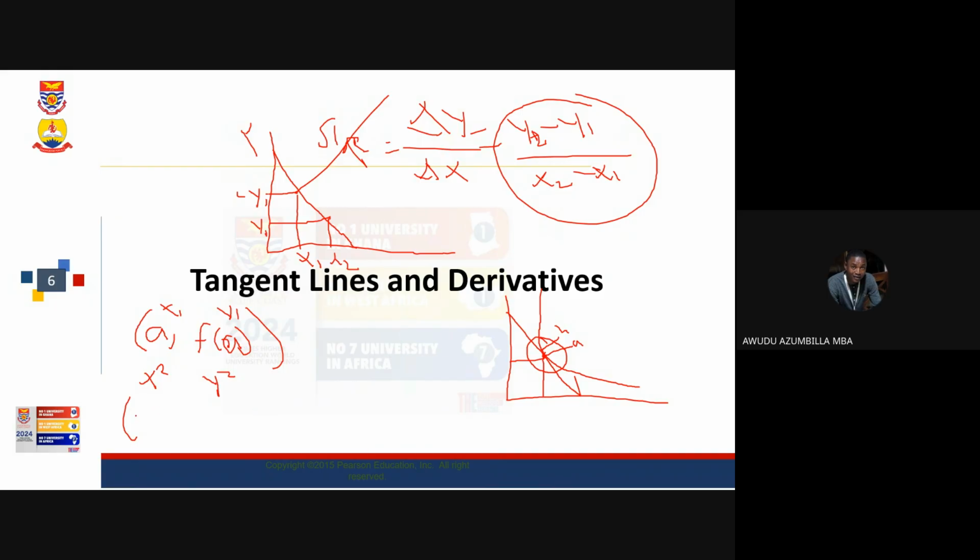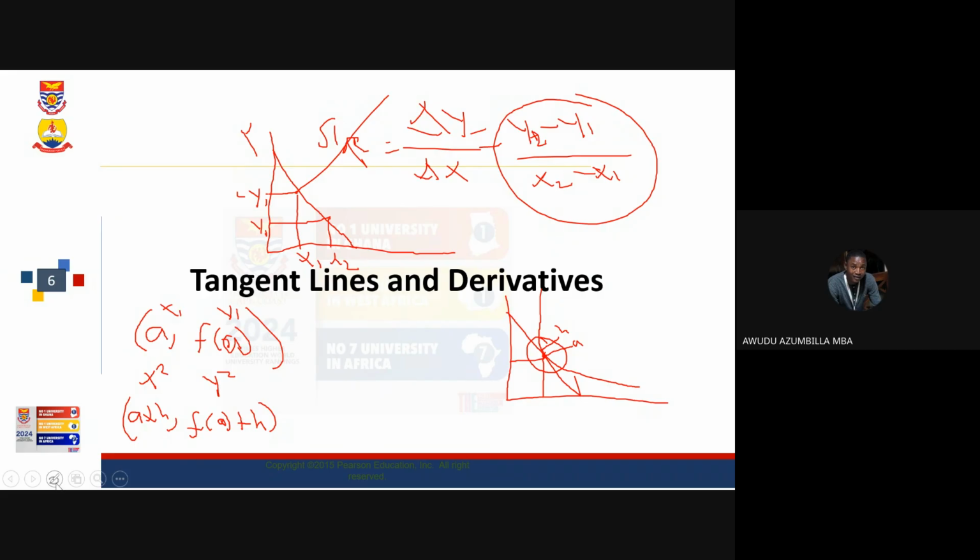So my x2 is going to be a plus h, and my y2 is going to be f of a plus h. These are 2 different points, x1, y1 and x2, y2.